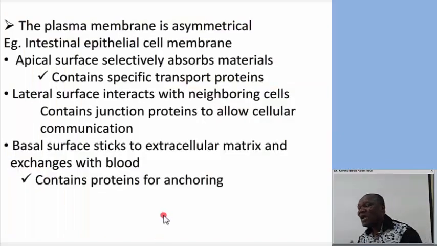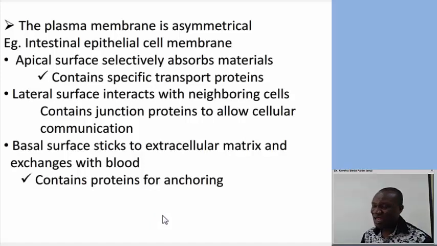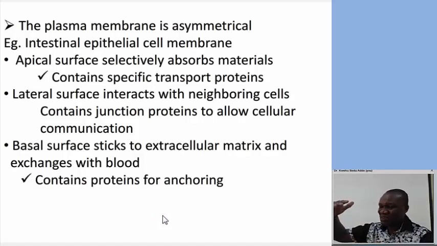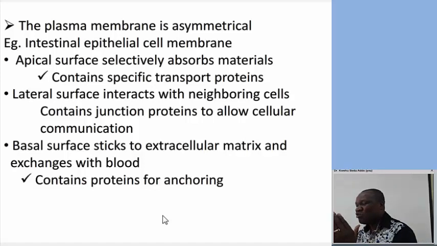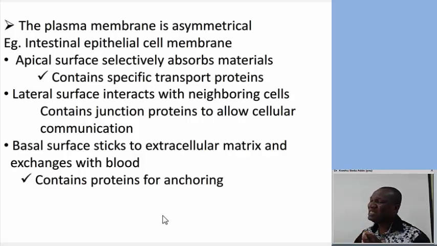Now, the lipid bilayer is said to be asymmetrical, meaning if we split the two layers, one layer wouldn't be the mirror image of the other. One layer may contain certain molecules and structures that will be absent in the opposite layer. Now, I'm trying to show you something.